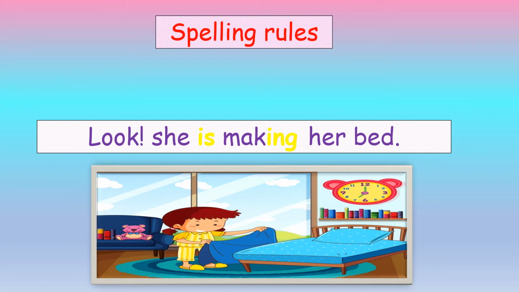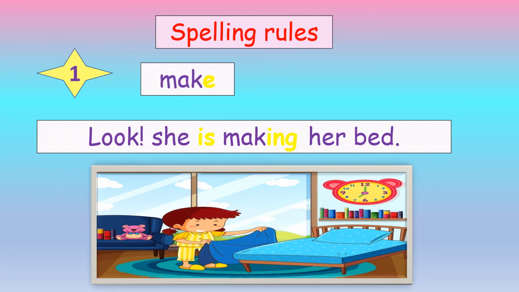What are these spelling rules? Number one, if the verb ends with e, we cancel the e and then we put the ing. So it becomes making. Any verb that ends with e, we cancel the e and put the ing.